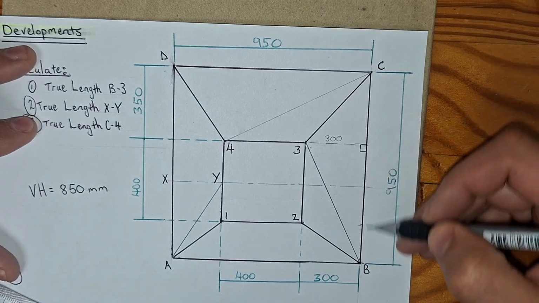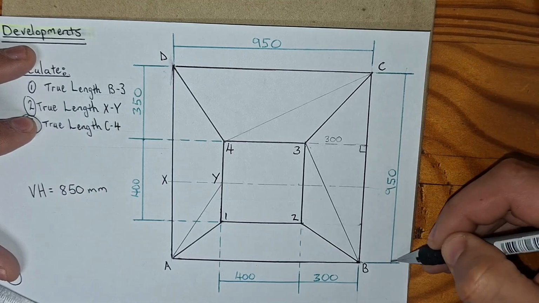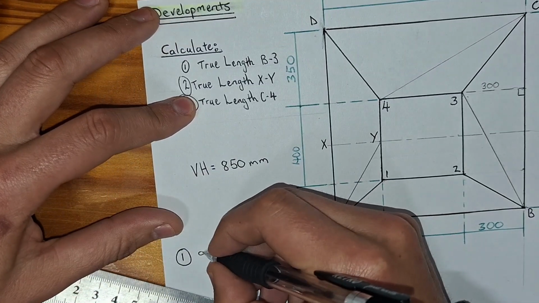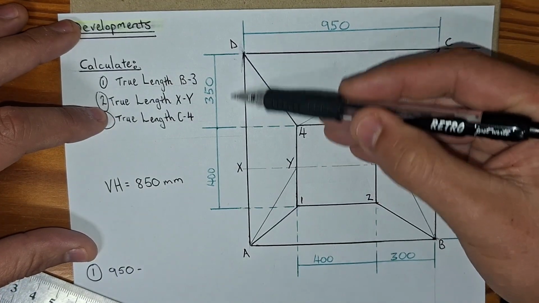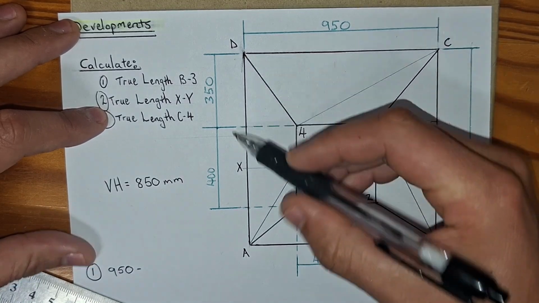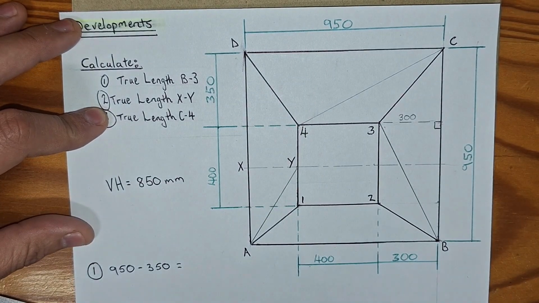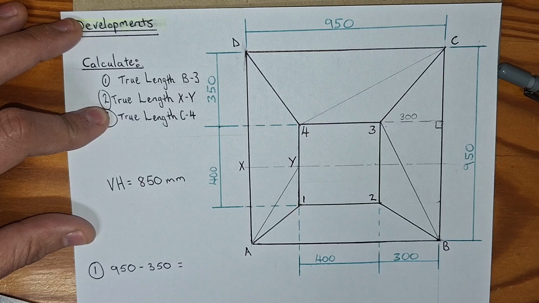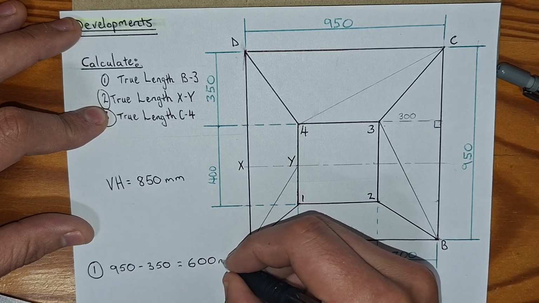To calculate this distance, the value from the top of the big triangle is 950, so we will write here 950 minus the 350 to give us the distance from here to B. That gives us a value of 600 millimeters.